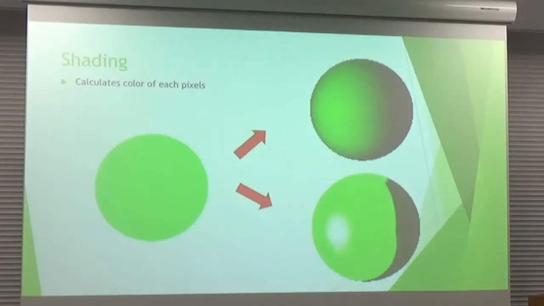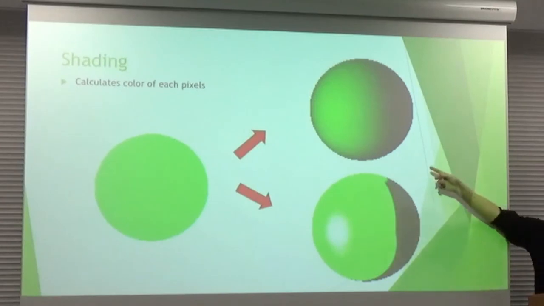Shading is colorizing an object based on light behavior, like this. In Kaz Renderer, we can change the shader, meaning the shading style.